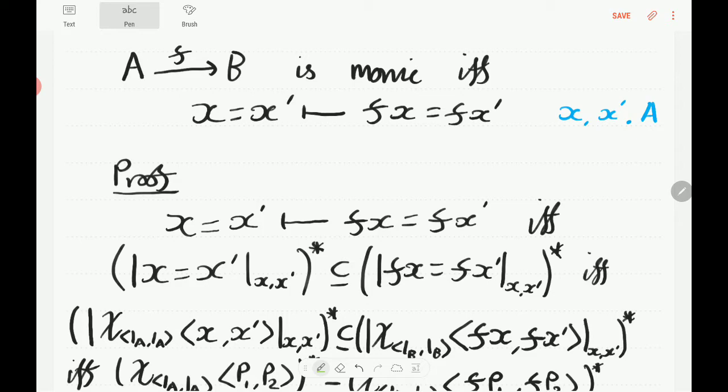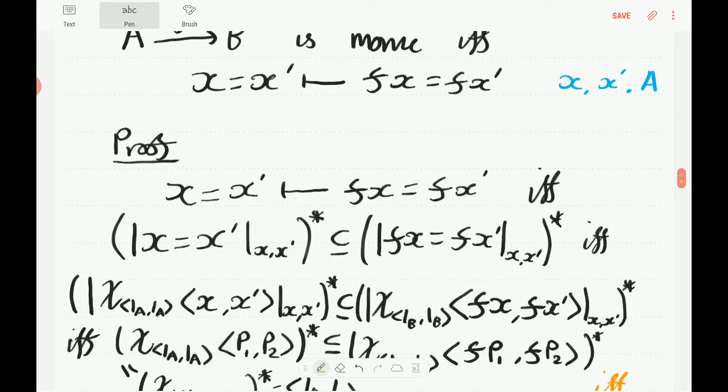Saying x equals x dash always implies fx equals fx dash happens if and only if the subobject classified by the interpretation of x equals x dash is contained in the subobject classified by the interpretation of fx equals fx dash. So we just work out those interpretations.